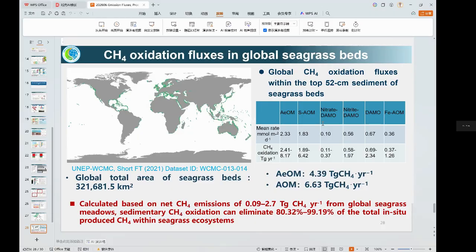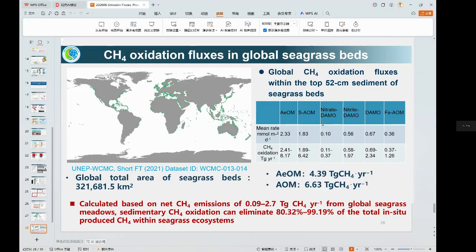We calculated that the sedimentary methane oxidation can remove more than 80% of the total in situ produced methane within the seagrass ecosystem. So we only see very low methane emission from seagrass beds.